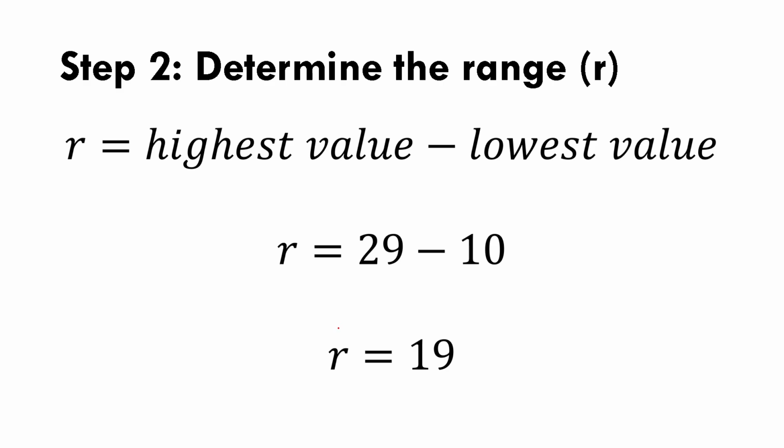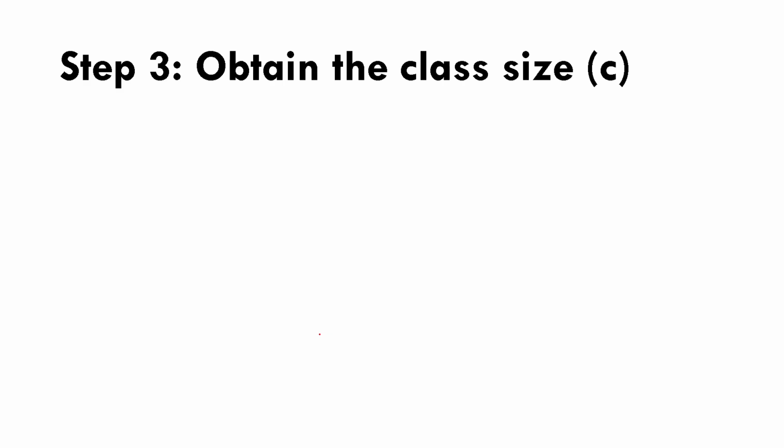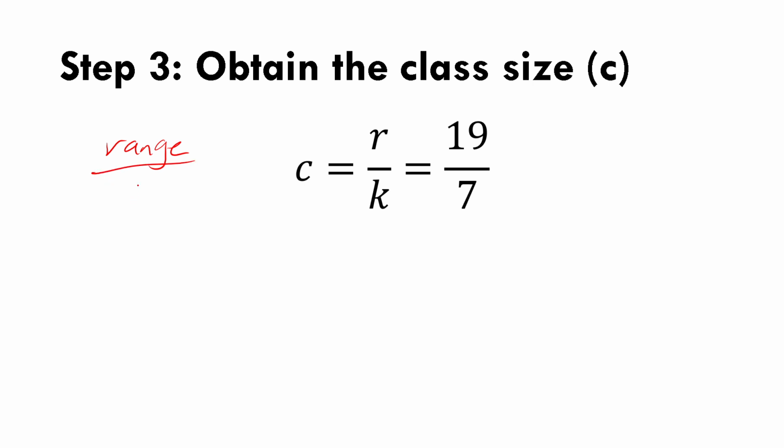That's for step 2. Step 3, obtain the class size. How do we compute the class size? Basically, we just divide the range by our class interval, which is also the k. In this scenario, 19 is our range and k, or 7, is our number of class intervals.